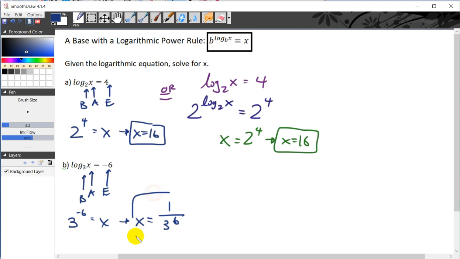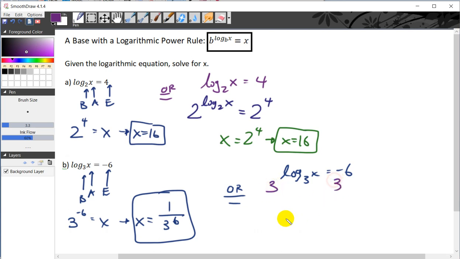Okay. Another way that you could do it is to use the method that I like to use. So we have log base 3 of x equals negative 6. The way I like to do it is, well, I see my base right here. This is my base. We're going to rewrite this with a base of 3 on both sides.